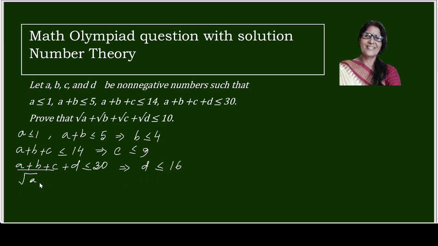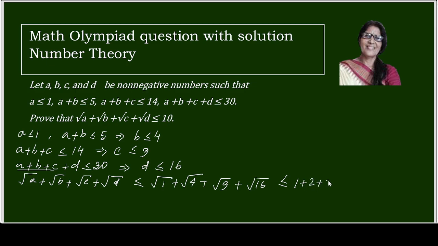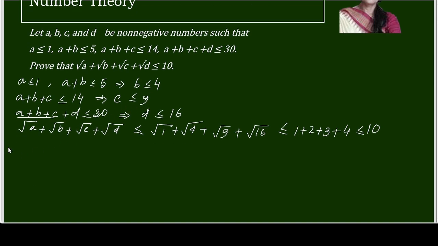Then square root of a plus square root of b plus square root of c plus square root of d is less than or equal to square root of 1 plus square root of 4 plus square root of 9 plus square root of 16, which equals 1 plus 2 plus 3 plus 4, that is 10. It is proved.